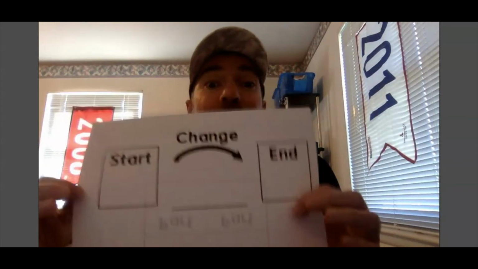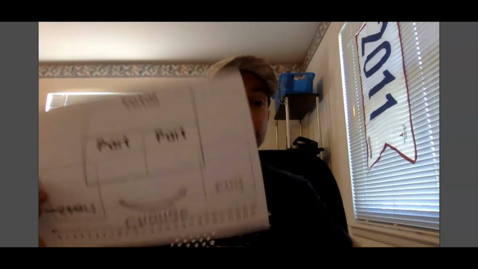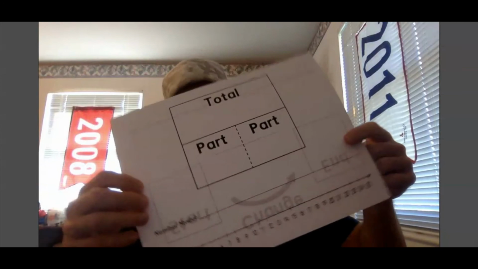All right, today we're going to need something to do our math lesson. We're going to take our sheet protector. On the back of our start, change, end, on the other side of it is a part total.